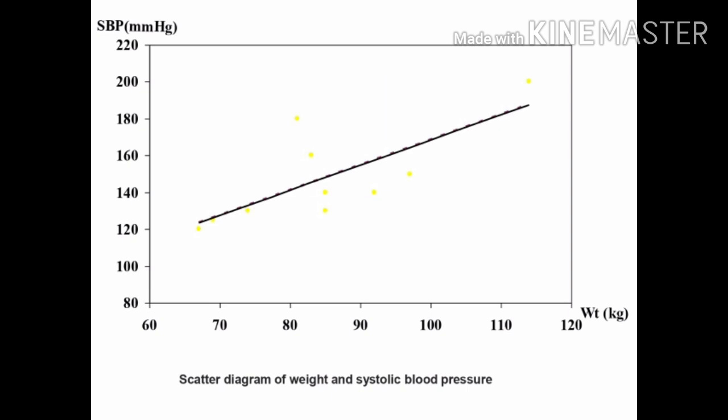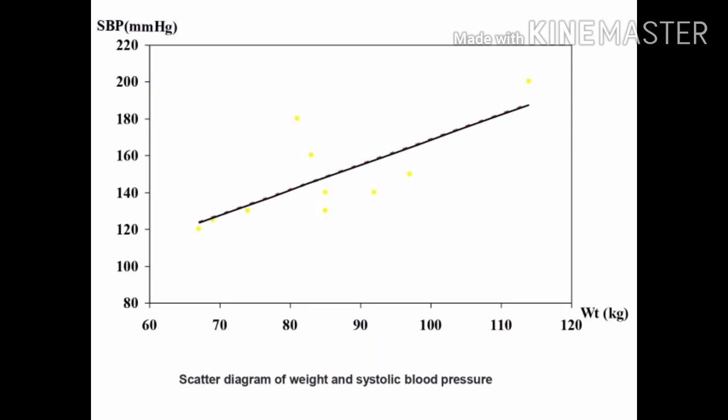Then this scatter diagram shows that the variables SBP and weight show a positive correlation, a strong positive correlation, because the data points come to form approximately a straight line when plotted.